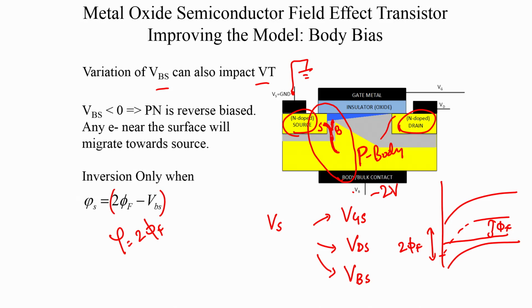So, the body voltage basically changes the back potential of your MOS capacitor. So, your MOS capacitor had a gate voltage, it was always with respect to this body which was grounded, but now this is offset that potential.